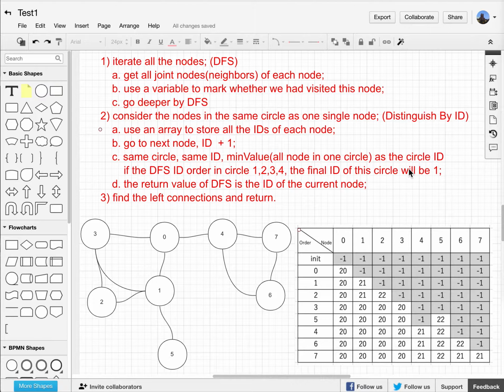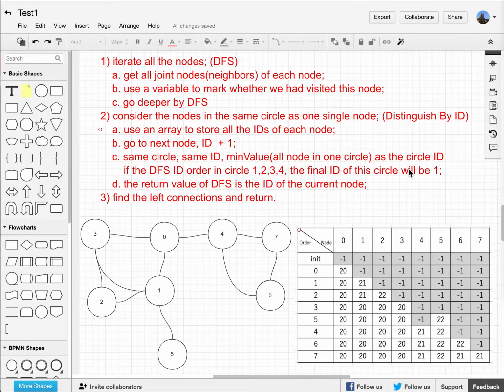Generally speaking, we use DFS to go through all the nodes. If the node has not been visited, let's go deeper. And if we got a node which has been visited, that means we got a circle, because we went back to a node where we have been. This means there was a circle that took us back to where we were.